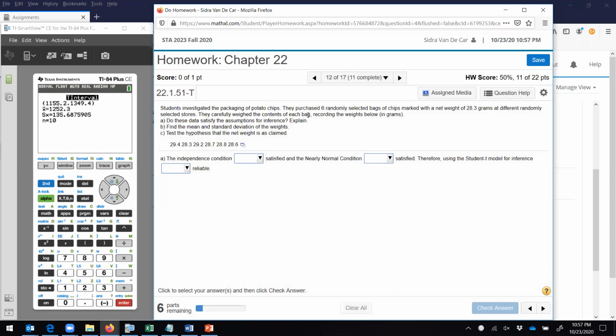Students investigated the packaging of potato chips. All right, now let's double check that really quickly by entering this data.